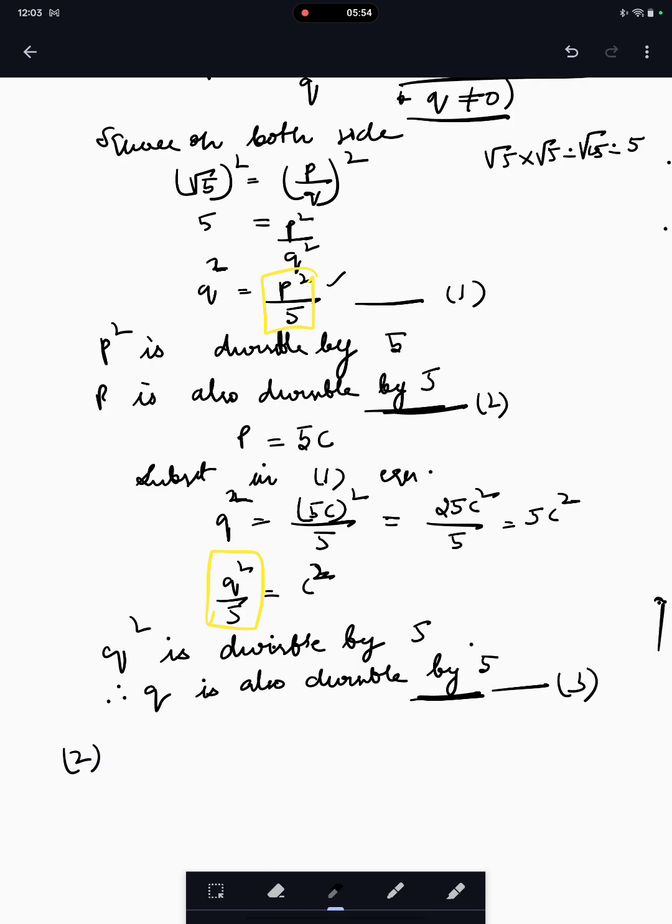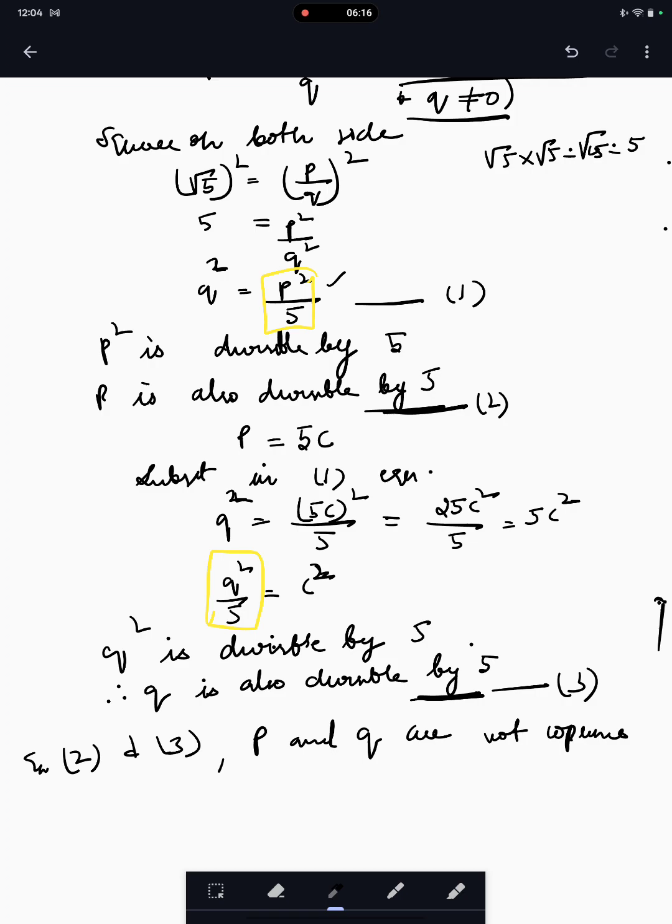Alright. Comparing equations 2 and 3, P and Q are not co-prime.